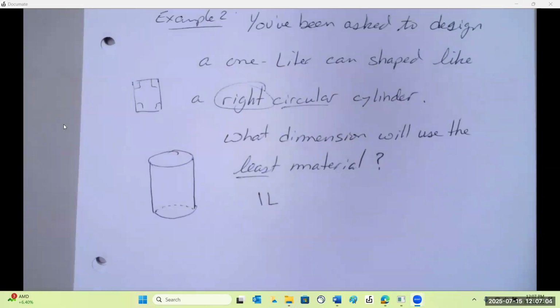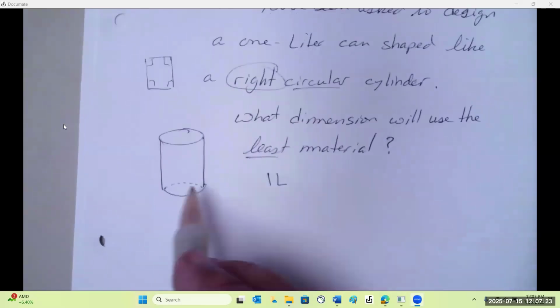Are we looking for the inside or the outside? Because there you have another question to look at. What exactly are you designing? You're designing this can. So what are the pieces that make up this can? There are 3 pieces.